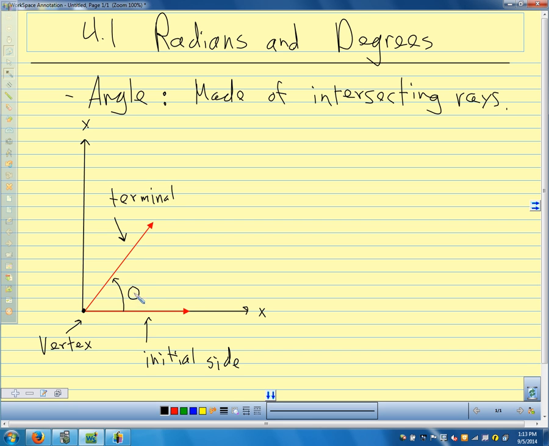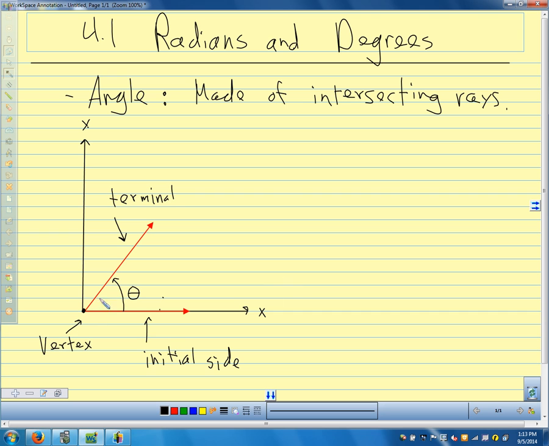We usually call our angle, our measure of rotation, in trigonometry we like this symbol theta, just a Greek letter. I don't know why they picked theta for angles, but that's what they did. Kind of tradition. Let me back up one little bit here first.